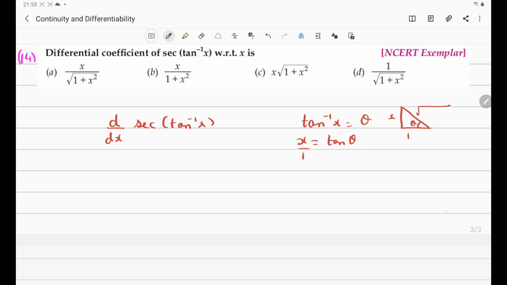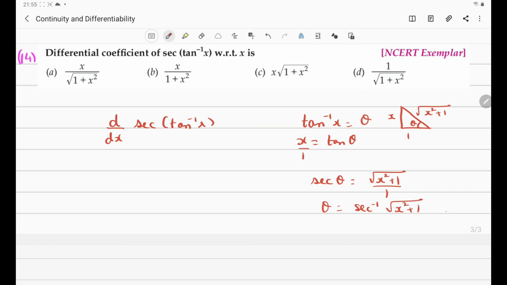The hypotenuse becomes root of x square plus 1. So, we can write secant theta is equal to root over x square plus 1 divided by 1, or theta equal to secant inverse of square root of x square plus 1.